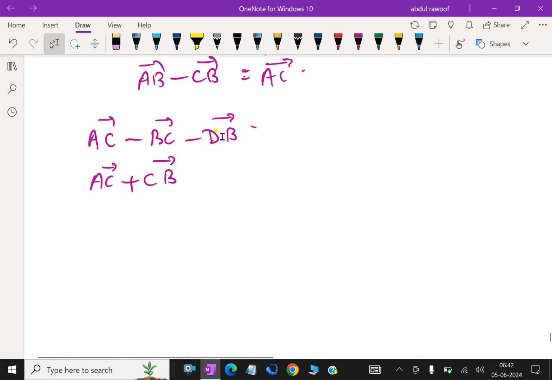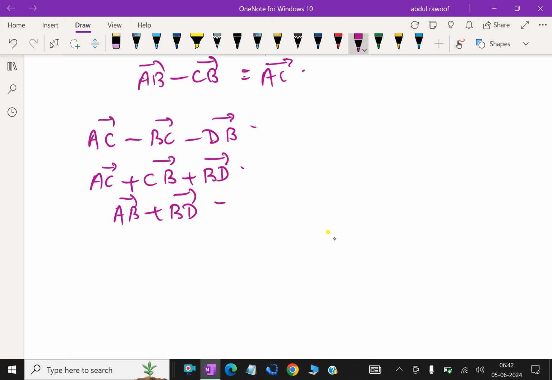Here also negative vector DB becomes plus BD. So AC plus CB is AB, and with BD, AB plus BD is AD.